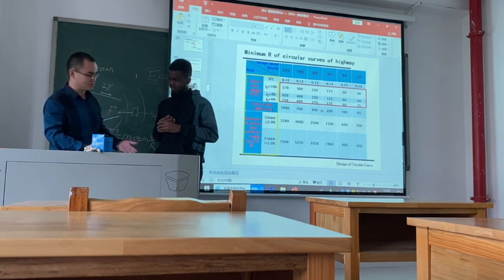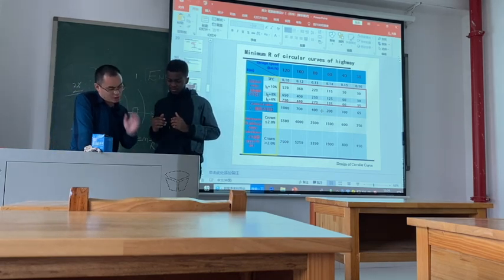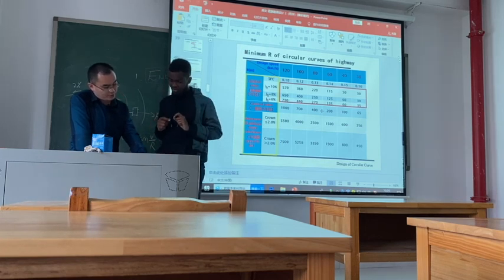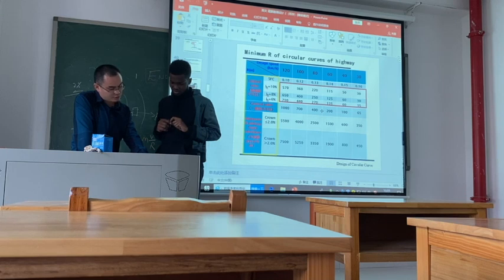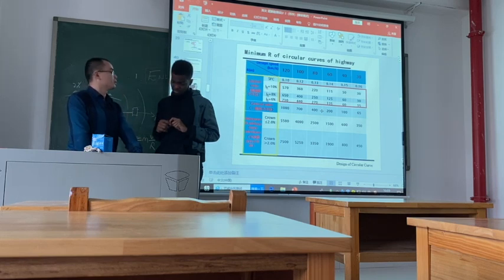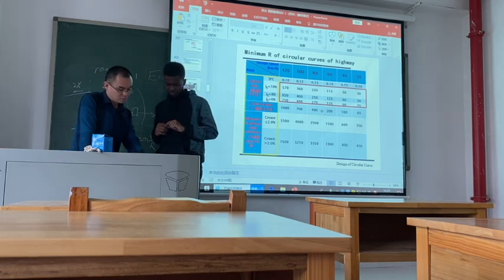If the design speed is 120 kilometers per hour, I think IH is 6%. Mu is, I don't know.